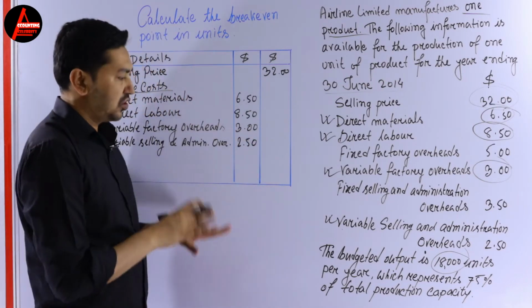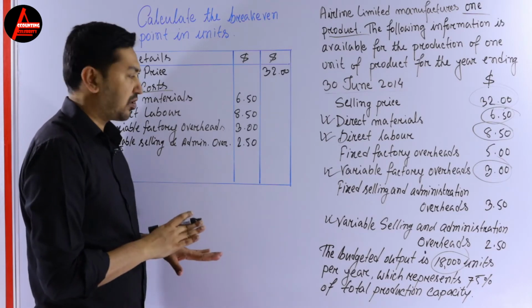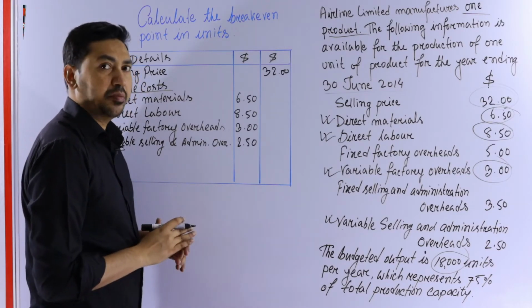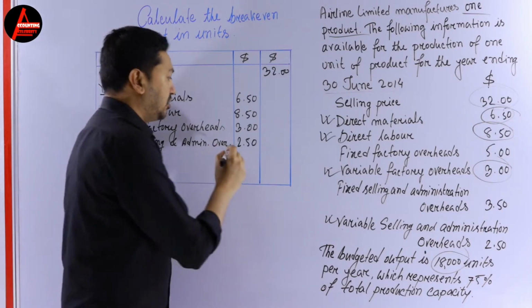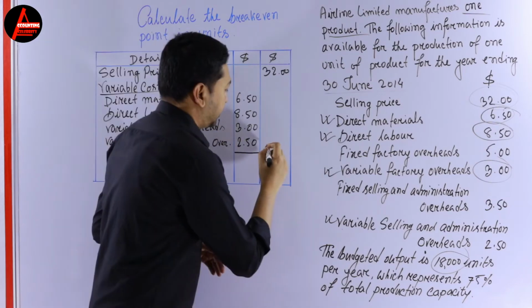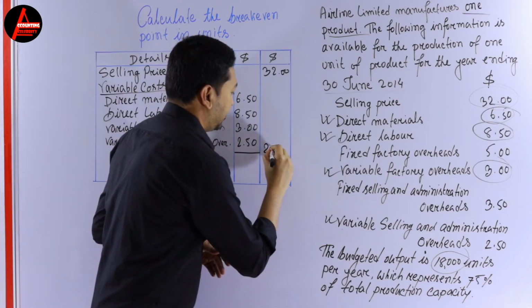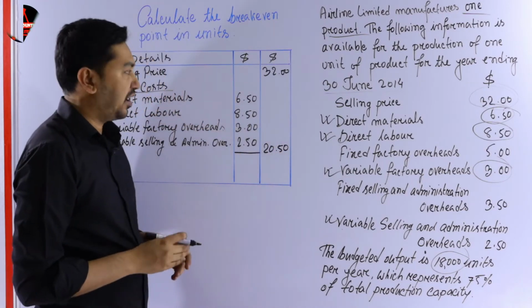So I hope these are the items given in the question as variable costs. So we wrote all of them. Now we need to total them. So if we insert total, how much comes? It is $20.50.